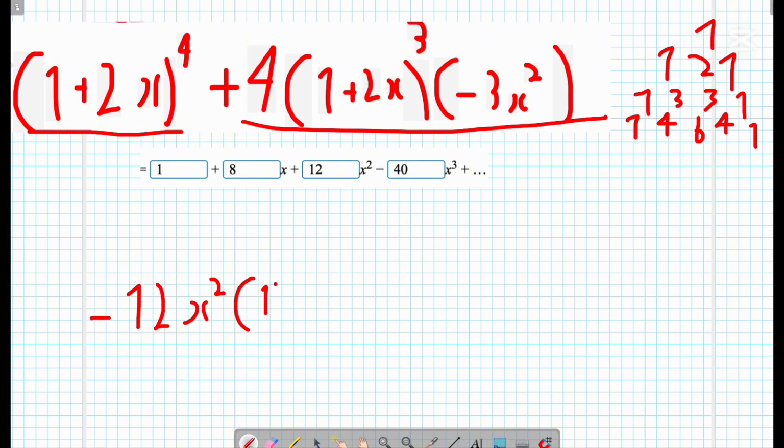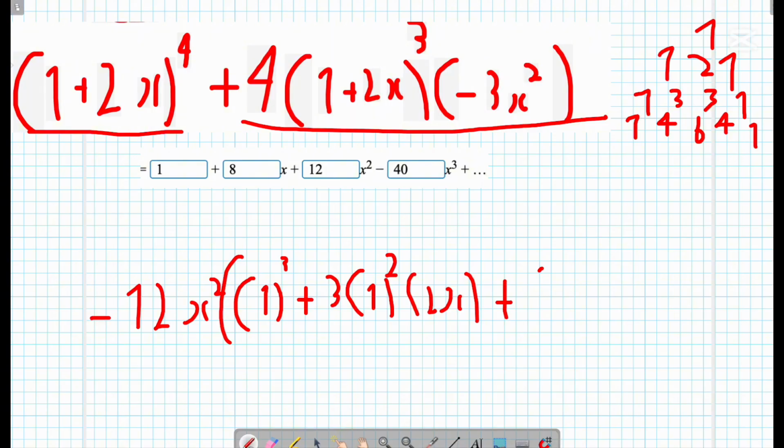So 1 cubed, right? 1 cubed plus 3 times 1 squared times 2x plus 6 times... oh wait, no, my bad.